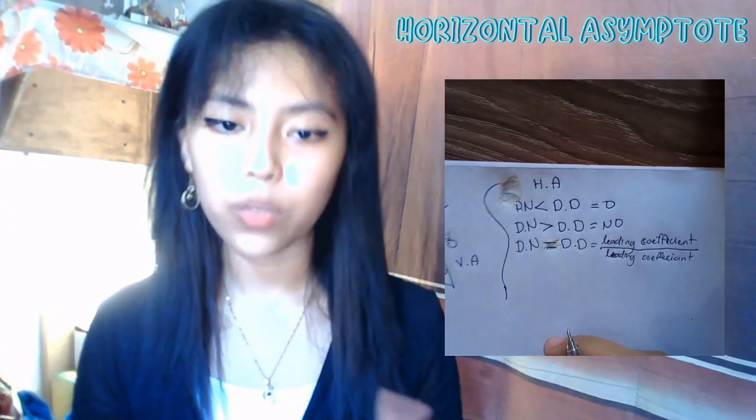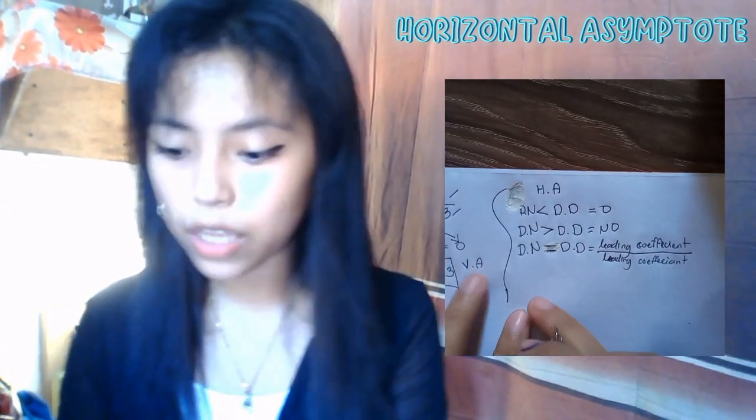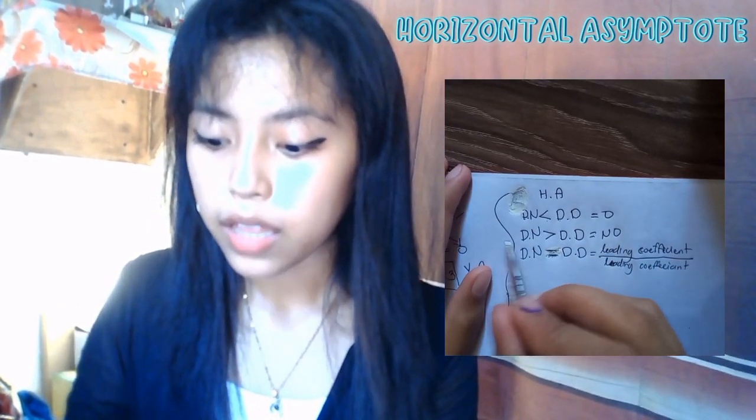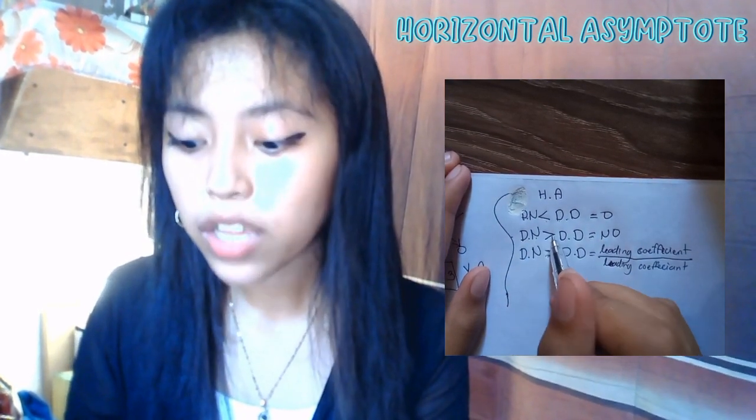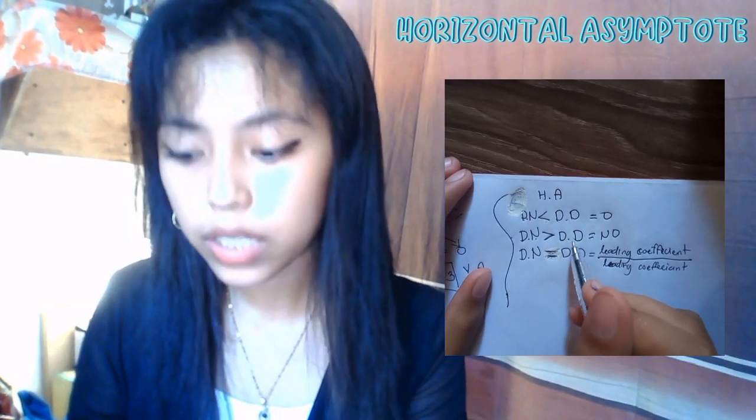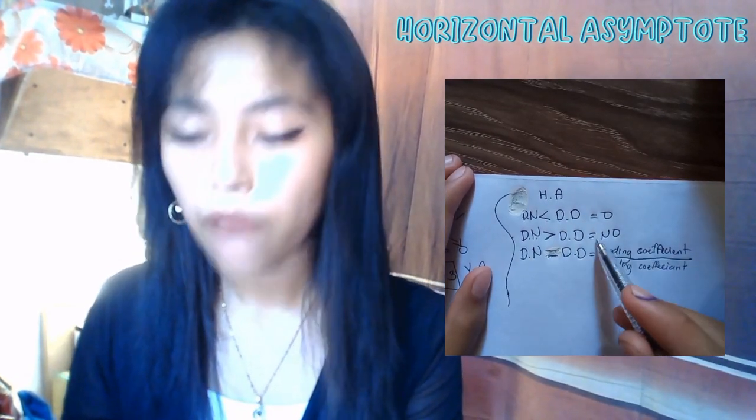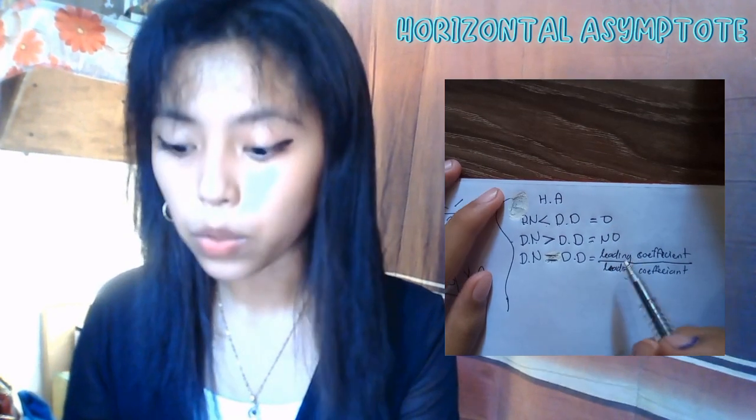The first statement says, if the degree of our numerator is less than the degree of our denominator, then our horizontal asymptote is 0. The second statement says that if the degree of our numerator is greater than the degree of our denominator, then we have no horizontal asymptote.